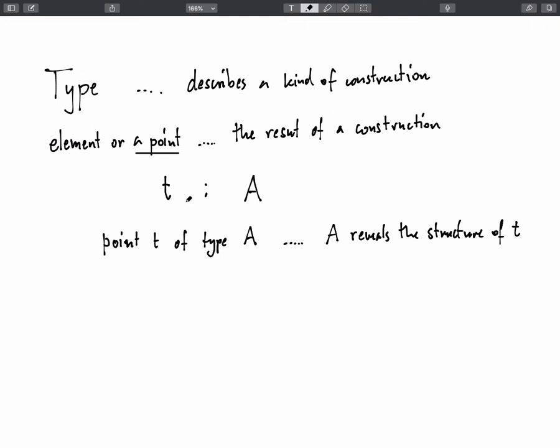And each type will always give us different ways of constructing. It will never happen that you have two different types that overlap in any way. So we keep track of how the point is constructed. In particular, we keep track of the type. We always know where it resides.